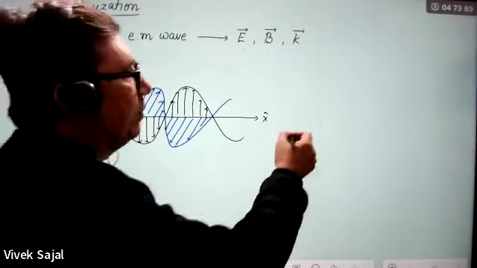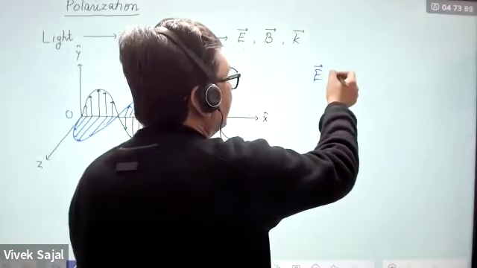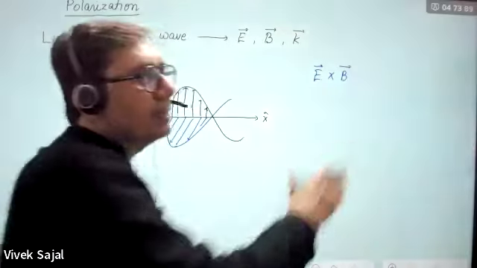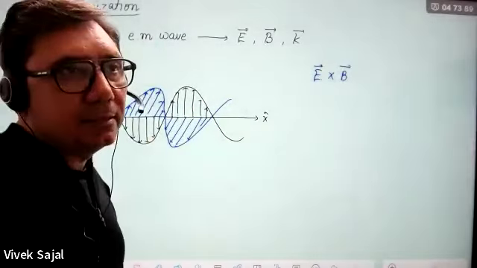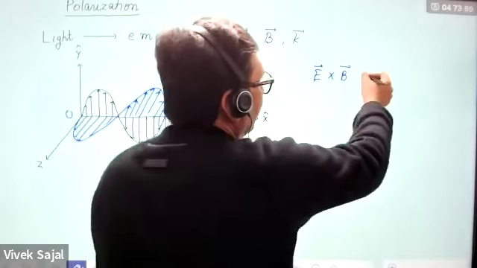E cross B. What you are aware of, you will know the E cross B vector. Basically, in this direction, the E cross B direction, energy will be propagated by the electromagnetic wave. So this will be the direction of the K vector.